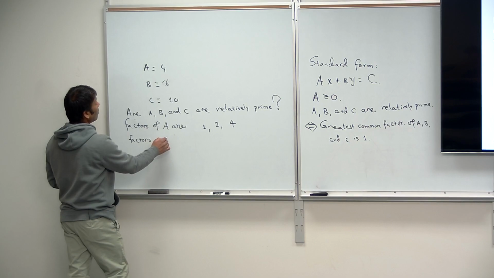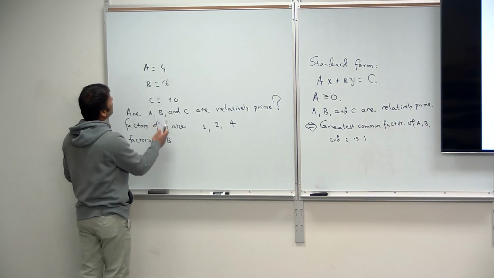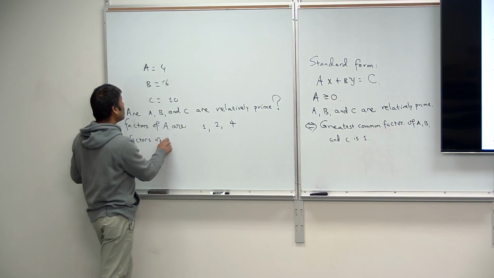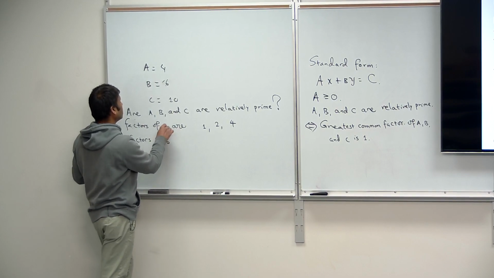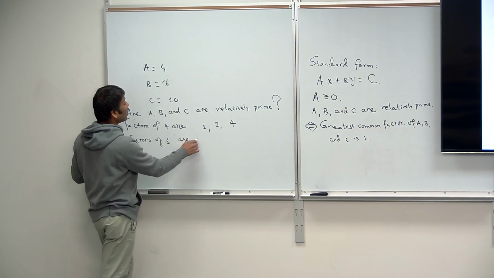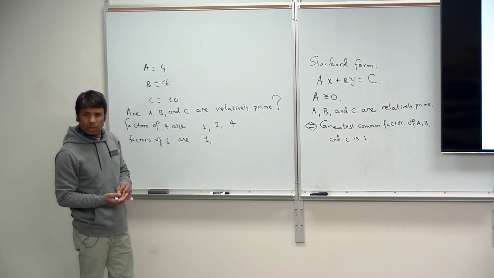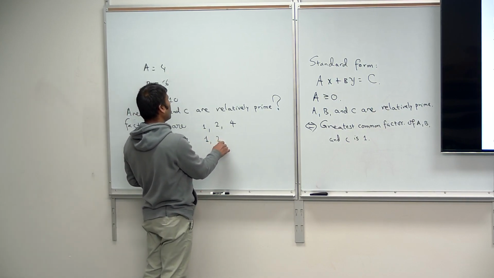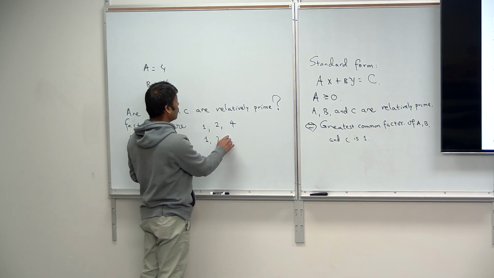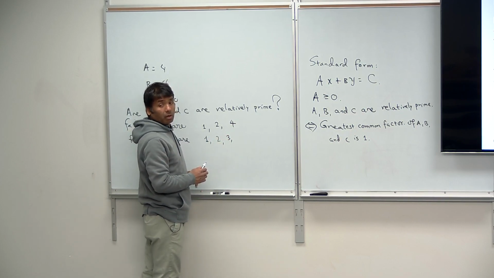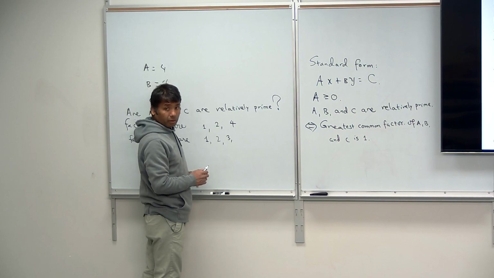And now let's find out the factors of b. So b means here 6, okay? And a means here 4. So the factors of 6 are, is 1 a factor of 6? Yes. 2. Yes. 3. Yes. 4. No. 5. No. 6.